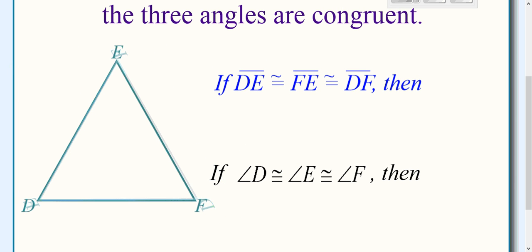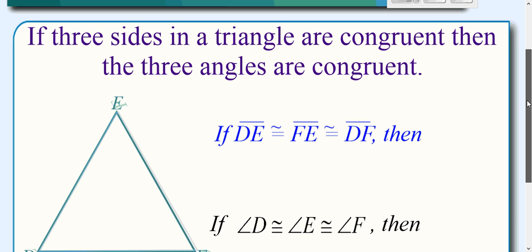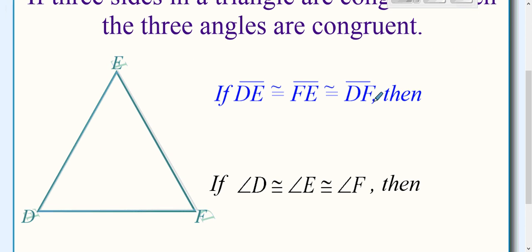So that actually works both ways. If the three sides are congruent, then angle D is congruent to angle E is congruent to angle F. And then the converse is also true.